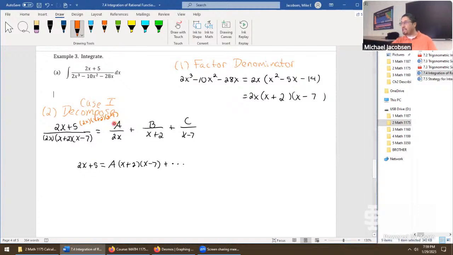But we also have to multiply it here, so it'd be times 2x, x plus 2, x minus 7, and here the cancellations go this way. 2x's cancel, and we have the other opposite factors. So it's like a strange numerical game where if you see an x plus 2, you delete the x plus 2 and just carry over the other factors. Let's just write this in just for the sake of the explanation.